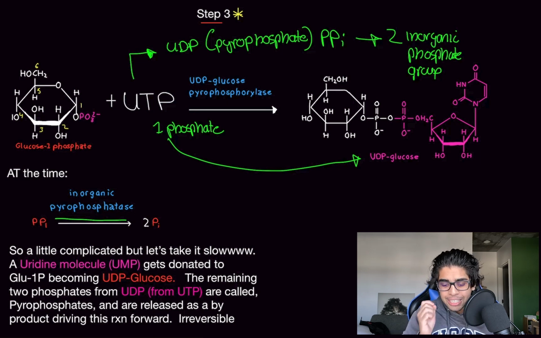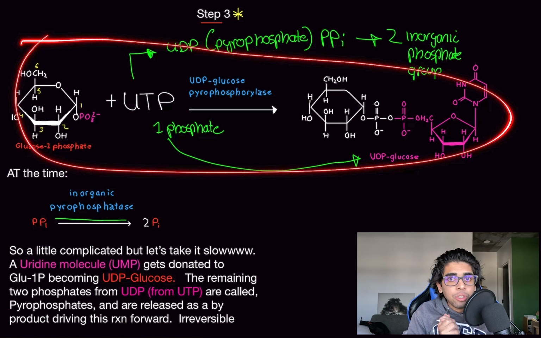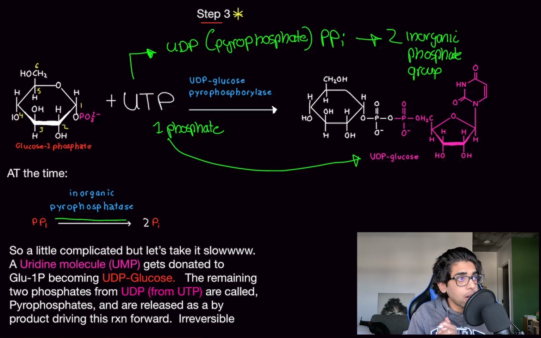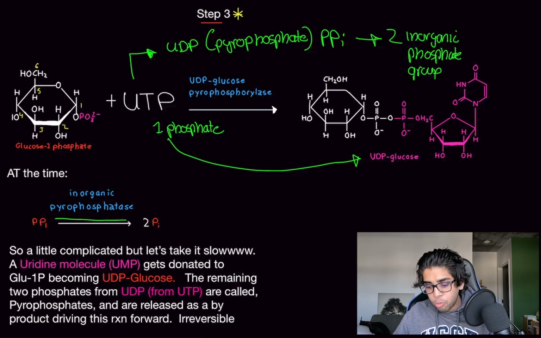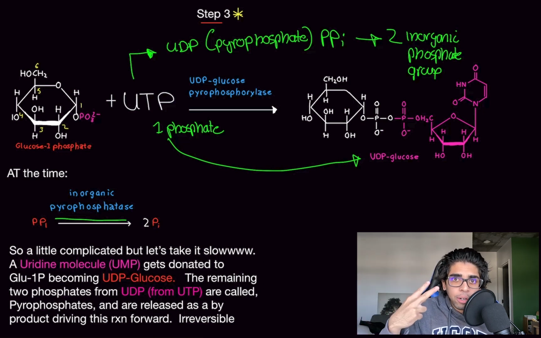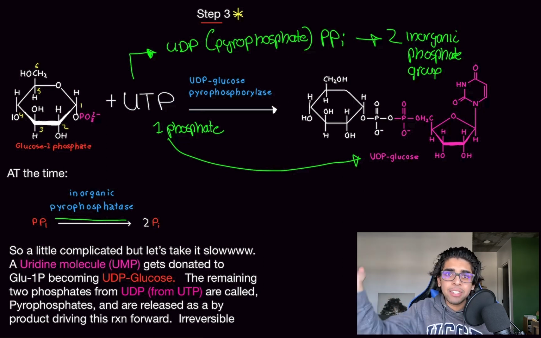This is important because this drives the original reaction forward. It releases a lot of energy. So this is like a coupling reaction, what we talked about previously in this course. Releasing these 2 inorganic phosphate molecules drives this entire reaction forward. And it's irreversible. We cannot go back from this. So once we create UDP glucose, it is destined to become glycogen.